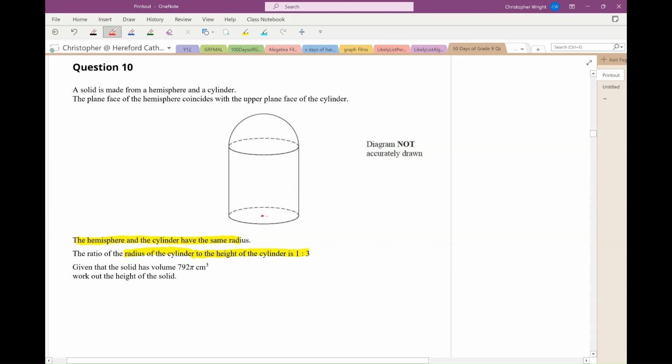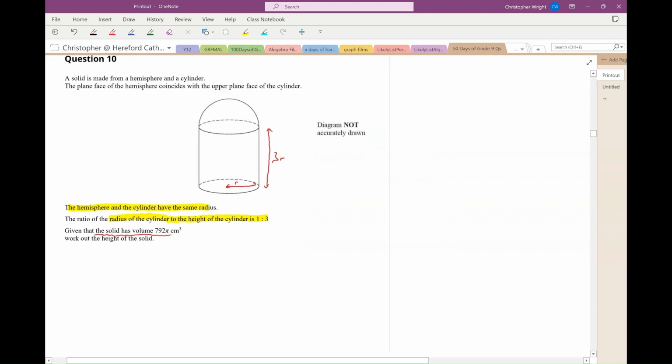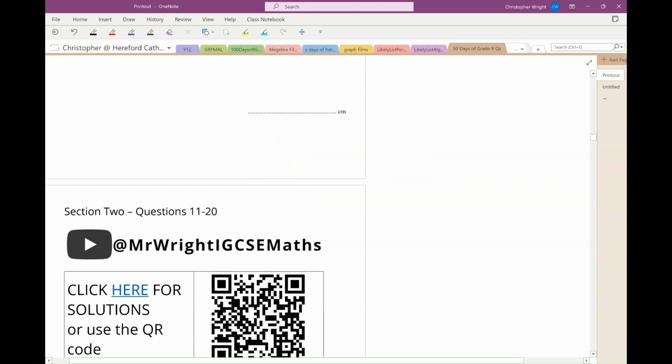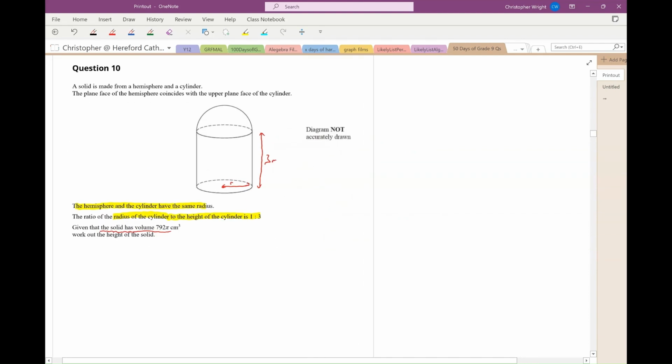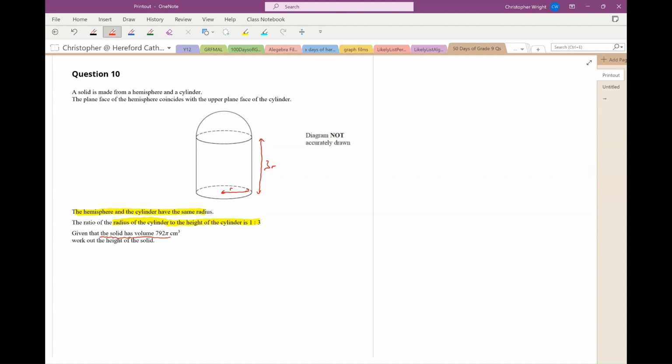So if this is r here, then the height of the cylinder, not the height of the whole solid, the height of the cylinder must be 3r. Okay. Given that the solid has a volume of that, well, let's write an expression for the volume of the solid, shall we? The volume of the solid will have the volume of the cylinder, which is pi r squared h, plus the volume of the hemisphere.